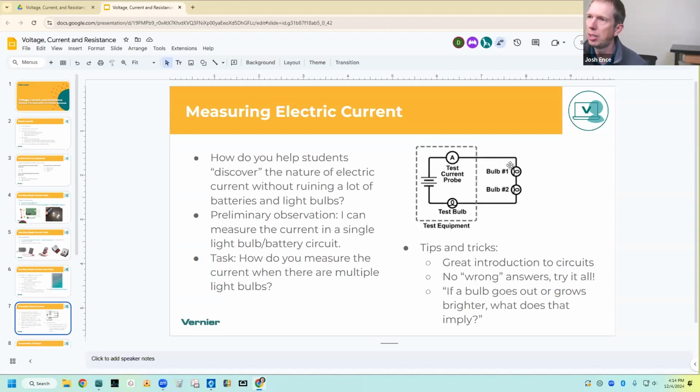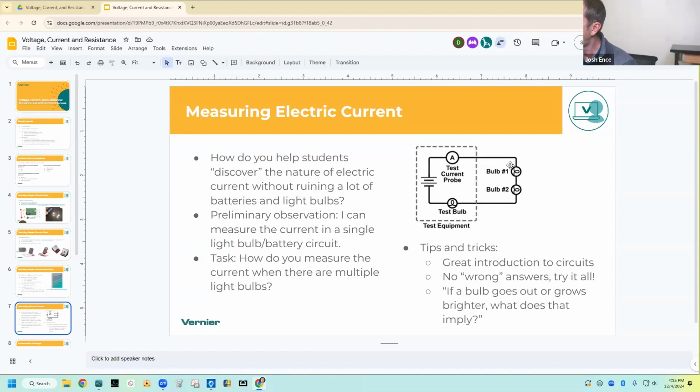My test bulb, I'm not going to touch that. And if I take my second ammeter here to measure bulb 1 or bulb 2, and I do something to my circuit that changes the current reading, or brightens or dims or cancels out my test bulb, then I know I'm probably not measuring what I want to measure.